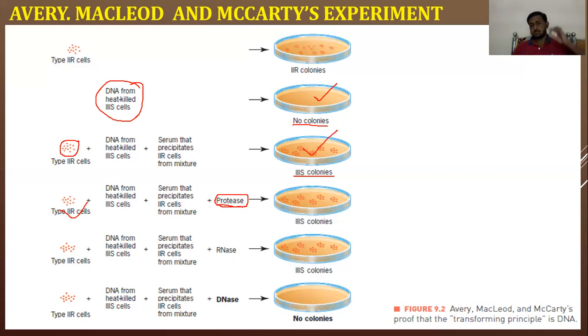They assumed there may be a protein particle that transfers the S type DNA to the R type cells, resulting in S type colonies. To test that, they used protease, but the experiment failed to stop the transformation. That means proteins are not the molecules transferring the S type characteristics to R type cells, which then form S type colonies.